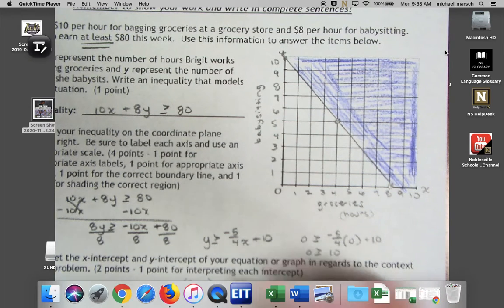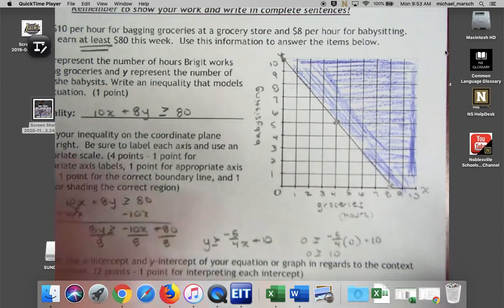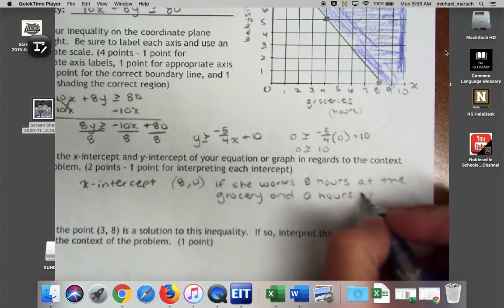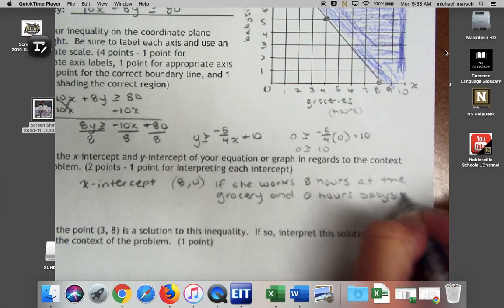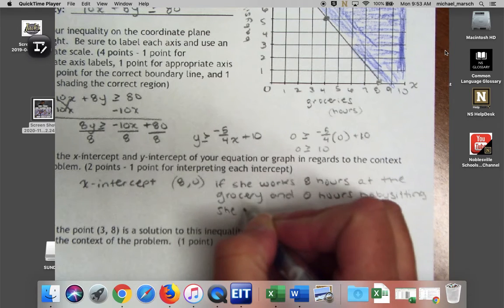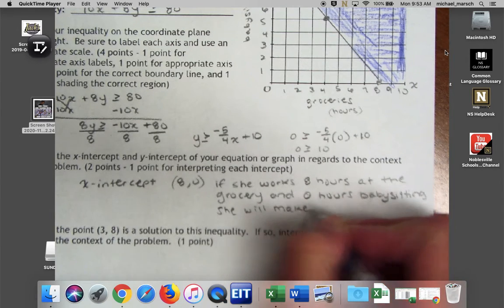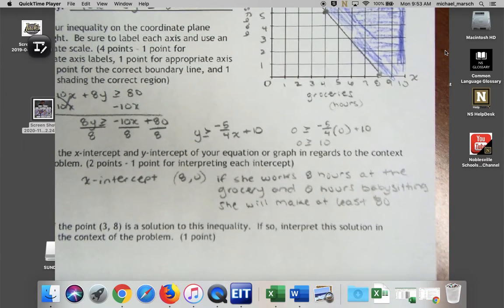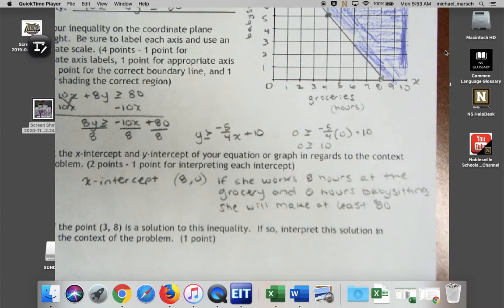And what that means is if she works 8 hours at the grocery and 0 hours babysitting, she will make at least $80. So then the y-intercept is basically the same thing.